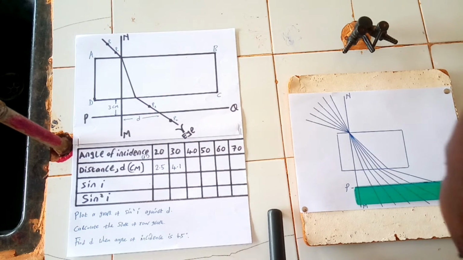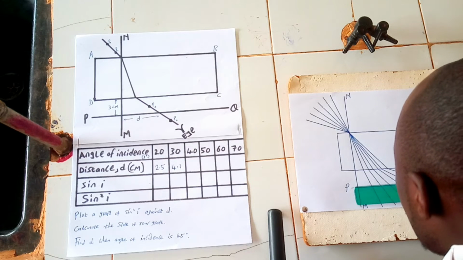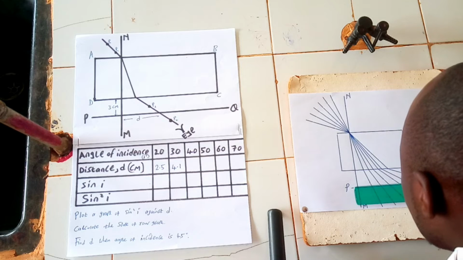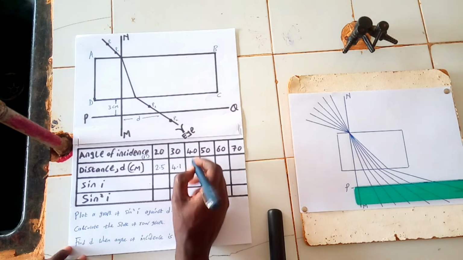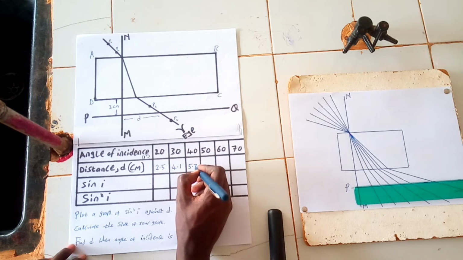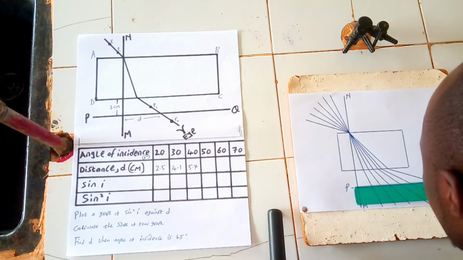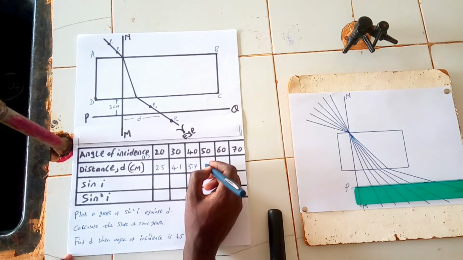The third, 5.7. The next one for 50, 7.6.